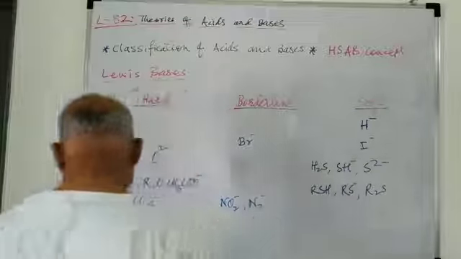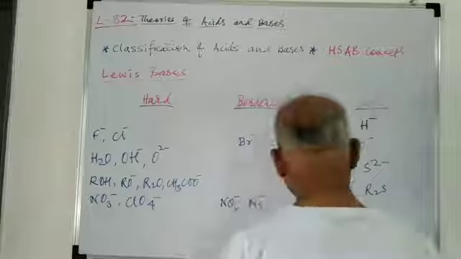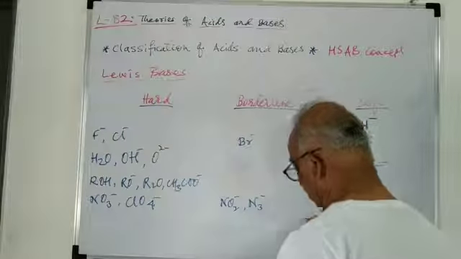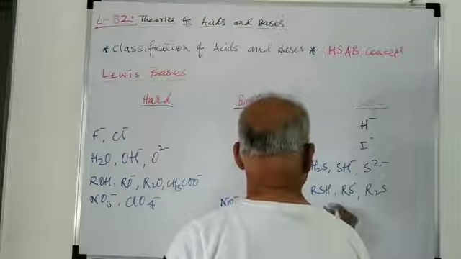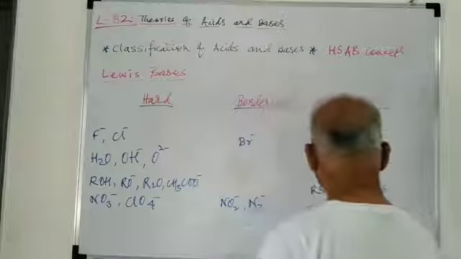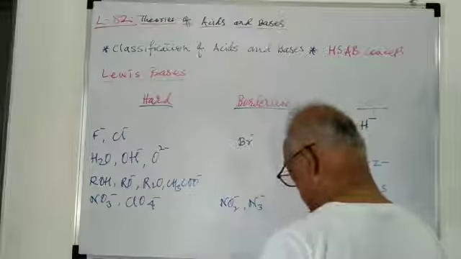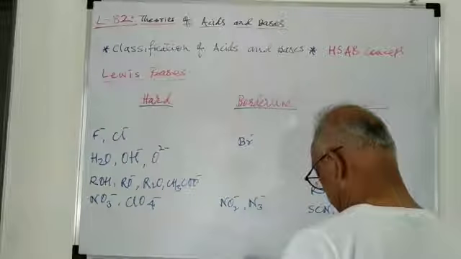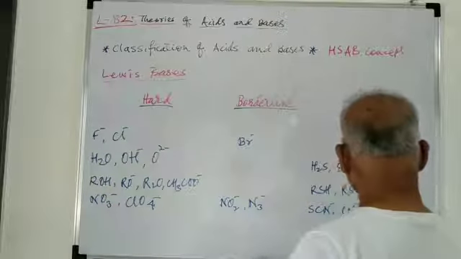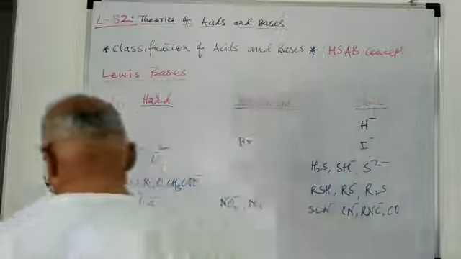In the soft category, the nitrogen species, which are again soft species, are SCN minus, then CN minus, then RNC, and carbon monoxide CO.